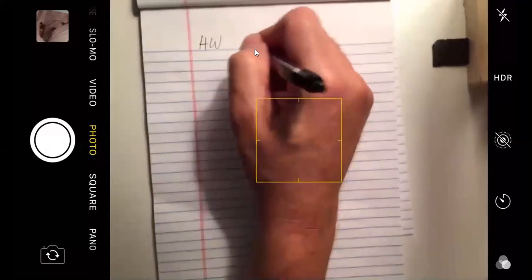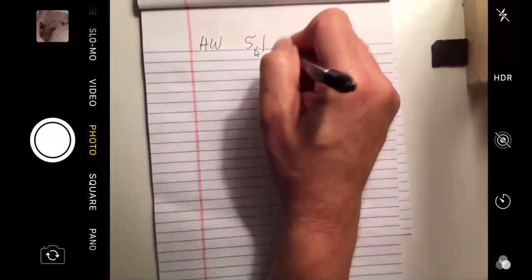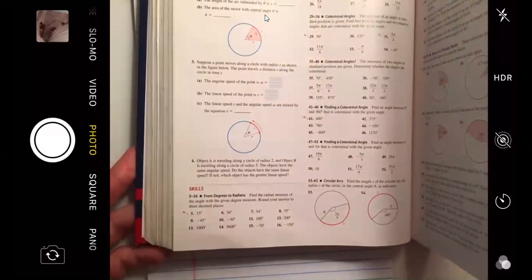This is for 5.1, page 444. This is about converting degrees to radians and radians to degrees, and finding terminal and coterminal angles, and etc.